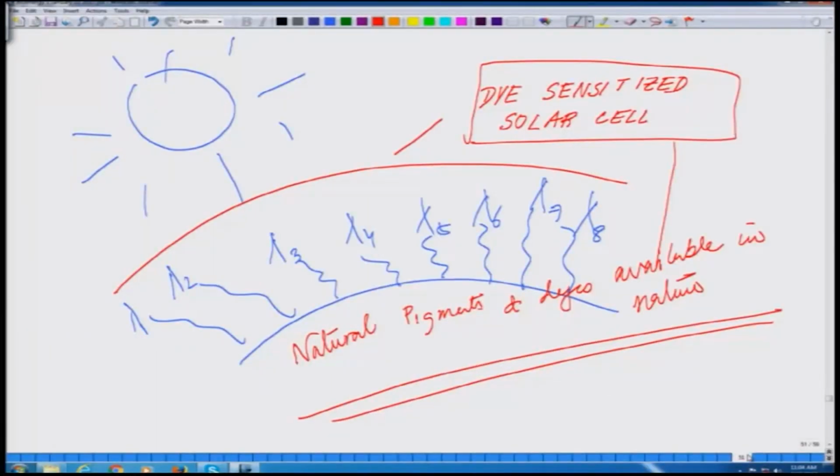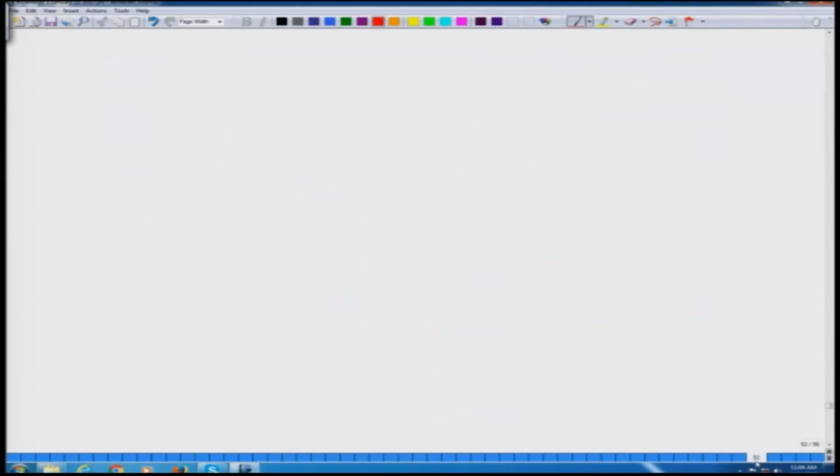We talked about the dye sensitized solar cell, and we will be dealing with it. You remember we talked about the reaction center.